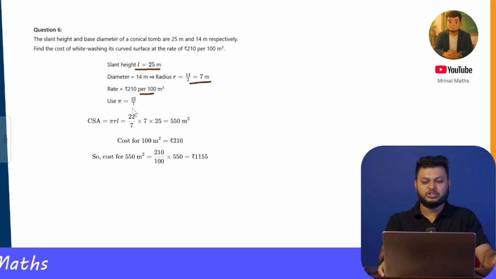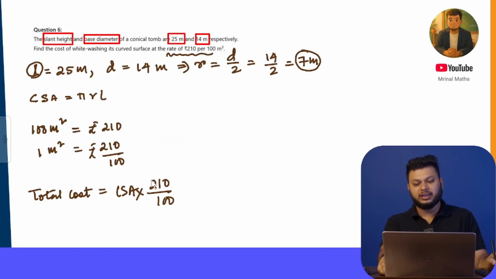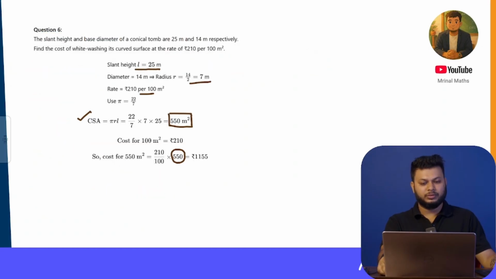Using the pi value as 22 by 7, the curved surface area is found out to be 550 meter square. And you see, cost for 100 meter square is 210, like I showed in the previous slide. So cost for 550 meter square, directly the area got multiplied with 210 by 100, as I have shown in the previous slide for you. That's all.